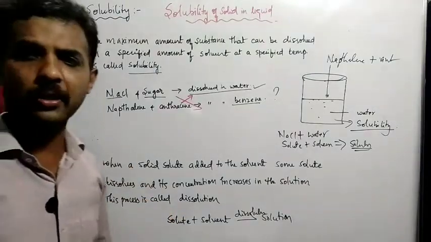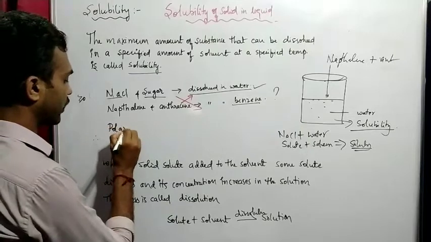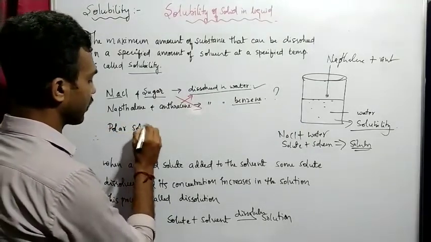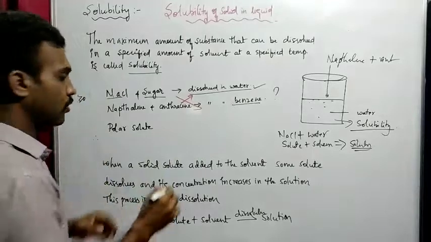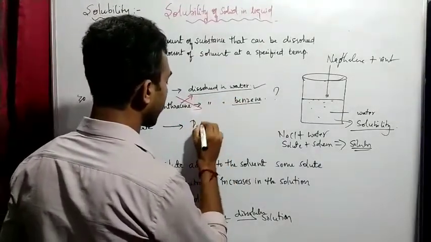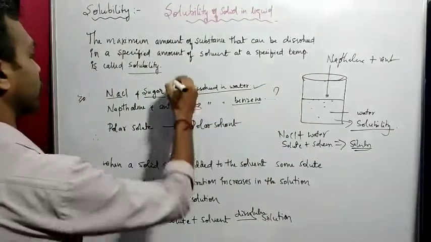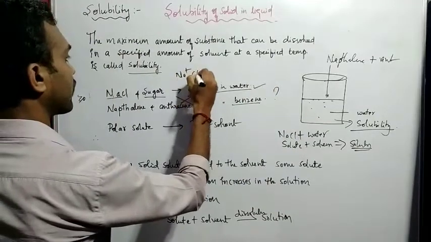Hence generally we call sodium chloride polar, so you can say a polar solute. Therefore a polar solute dissolves only in water, which is a polar solvent. Sodium chloride is polar, Na plus Cl minus.